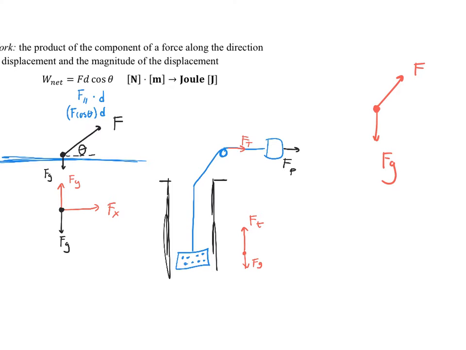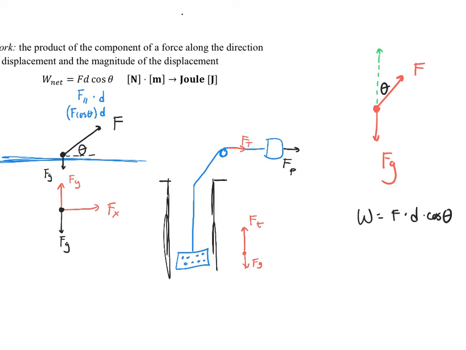And yet maybe this object is moving vertically upward. So motion is in green in this scenario, and the applied forces are in red. That force, F, is at an angle to the vertical. Let's call that angle theta right there. So if I want to find the work done by that force, it's still F d cosine theta.